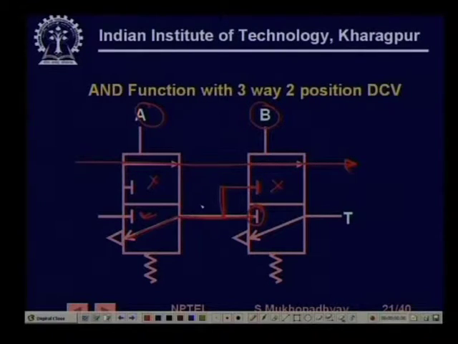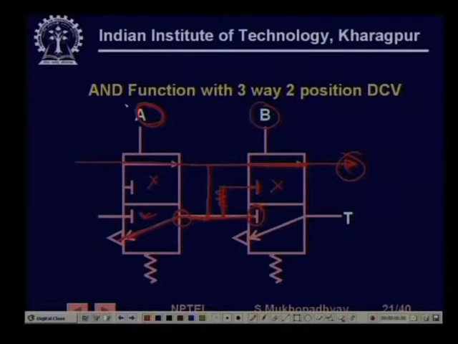This is connected to this position. You see, this is actually connected to this second side. So, it will not go there, it will rather go to the left one. Then the system will be connected to exhaust if this is taken off.